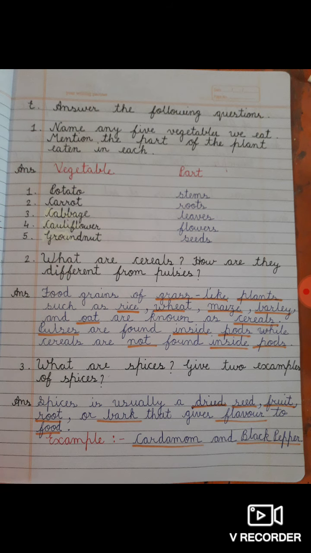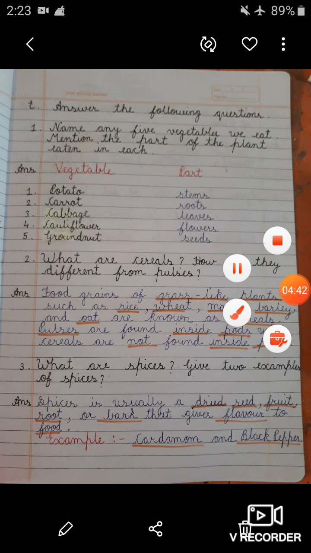Then let's come to question number 2. So students, first of all you have to write question number 2, that is, what are cereals, how are they different from pulses? Here we are going to define cereals, and then differentiate them from pulses.